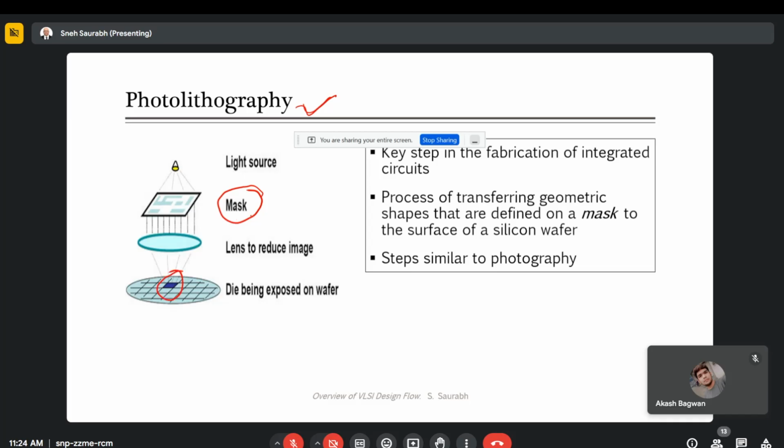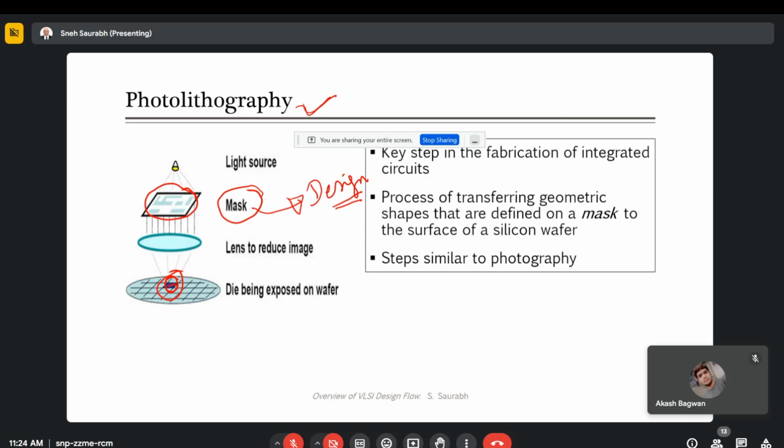So the mask is basically prepared using the layout that we will make, and using this mask, using some chemicals and other process steps, we get a replica of that mask or that design on the die, right? And this die is our integrated circuit, right?